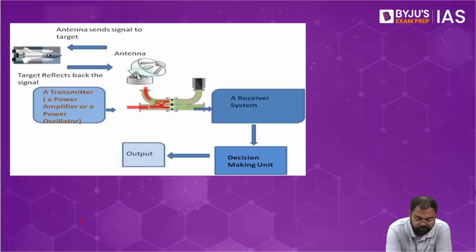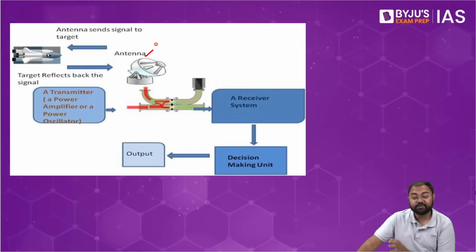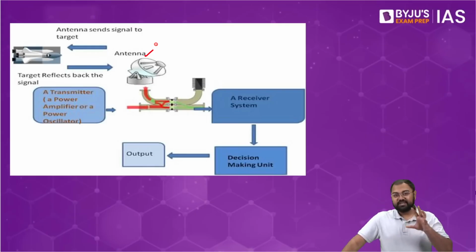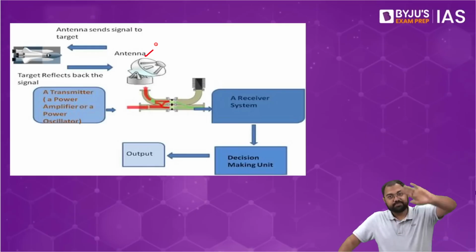There will be an antenna like this, and in any radar system, there will be a transmitter and a receiver. The transmitter will transmit waves. What waves? Radio waves and microwaves.